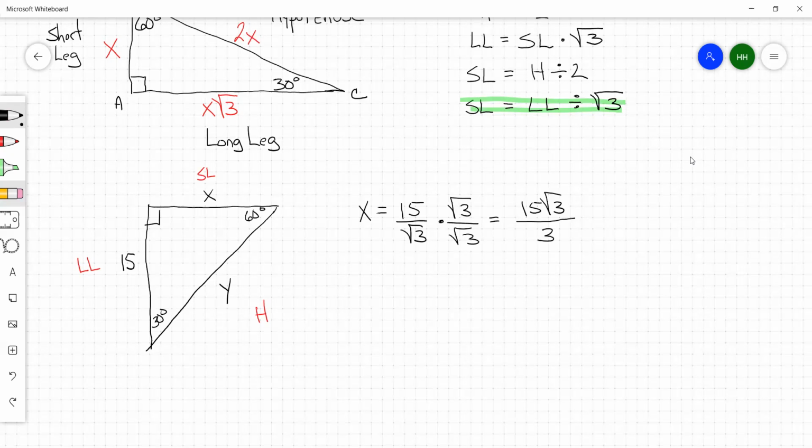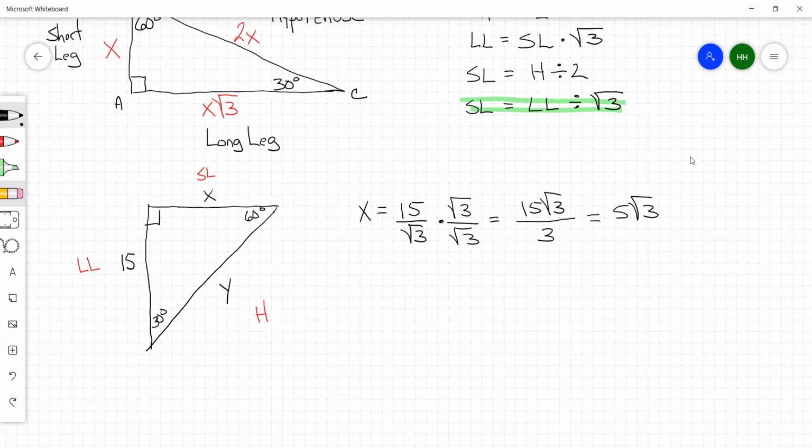Anytime you multiply a radical by itself, you get the same number without the radical. The square root of 4 times the square root of 4 equals 4. The square root of x times the square root of x equals x. All right, and then in this case, you can simplify this 15 over 3. 3 goes into 15 5 times, so this becomes 5 radical 3.